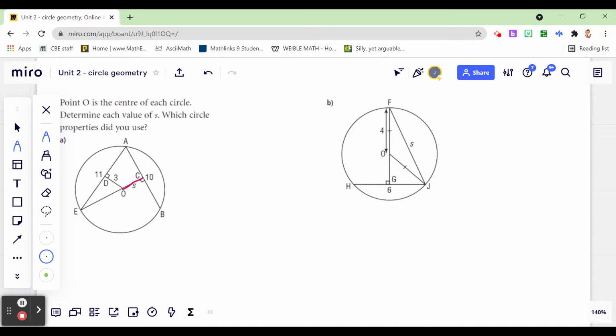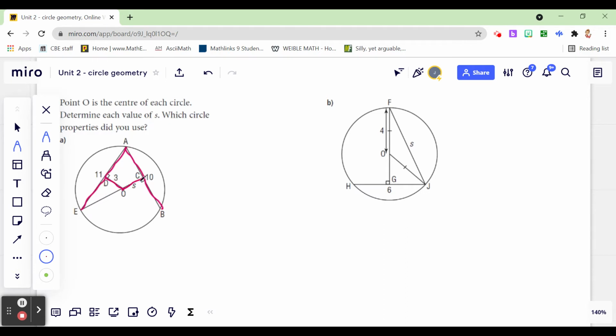Which circle properties did you use? Okay, so as soon as we see that, we know that there are two chords. There's one here called AB, and there's another here, AE. And we can see that there are lines drawn from the center out to these chords.